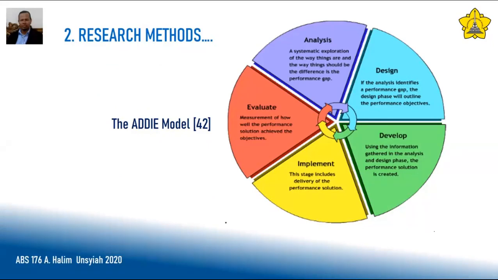Development: using the information gathered in the analysis and design phases, performance solutions are created. Implementation: this step includes delivery of performance solutions. Evaluation: measurement of how well the performance solution achieves the objective.